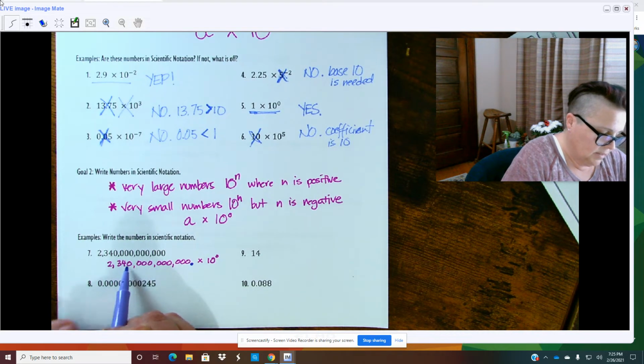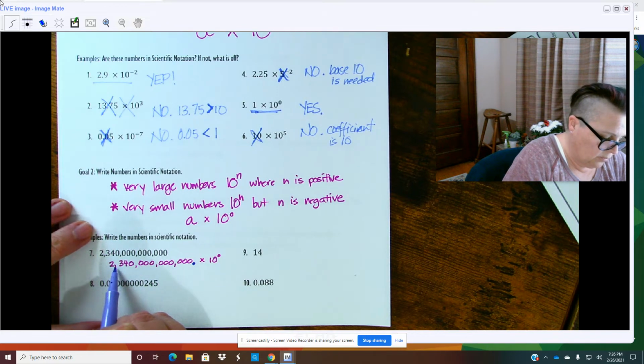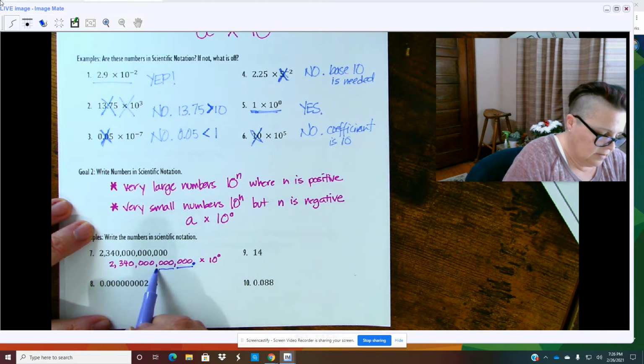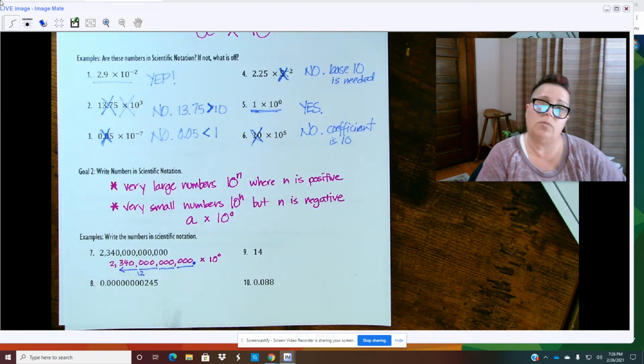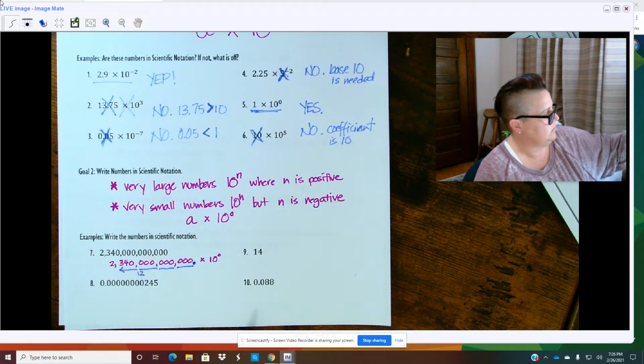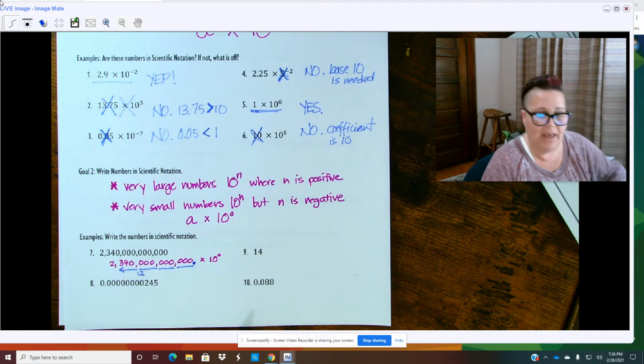Not to the 4, because that gives me 234. Not to the 3, because that gives me 23.4. But between the 2 and the 3. So I need to move this decimal point 1, 2, 3, 4, 5, 6, 7, 8, 9, 10, 11, 12 places. In moving the decimal point 12 places to the, what direction is that? What direction is that, Amy? That's left. 12 places to the left.